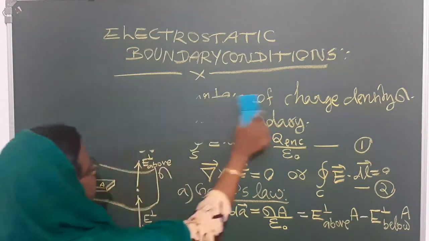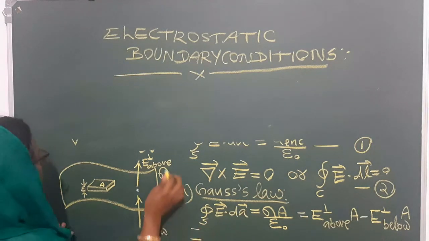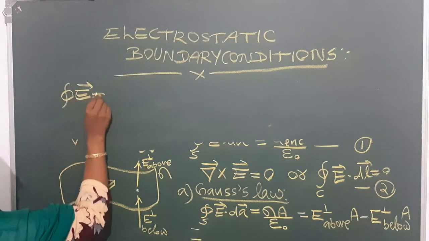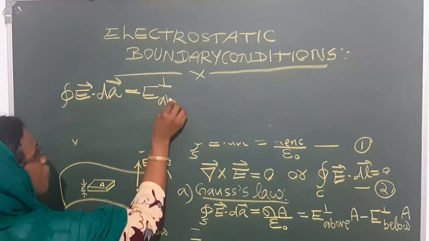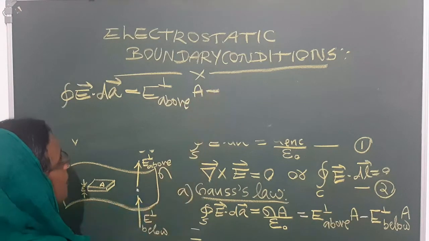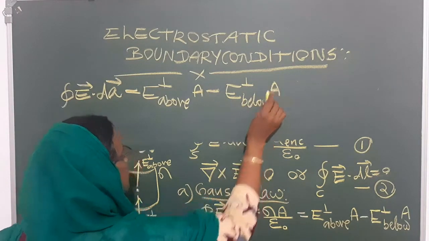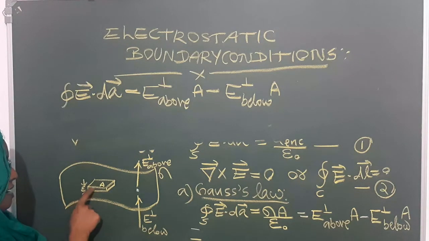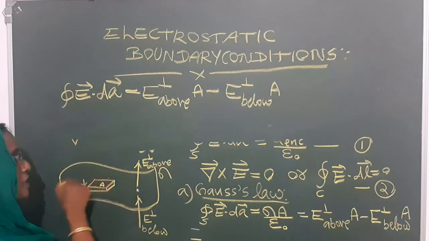So here, the surface integral of E dot dA equals E perpendicular above times A minus E perpendicular below times A. Then we have to add all the other four components, meaning the area and the component of electric field along that direction, and similarly for all other sides.